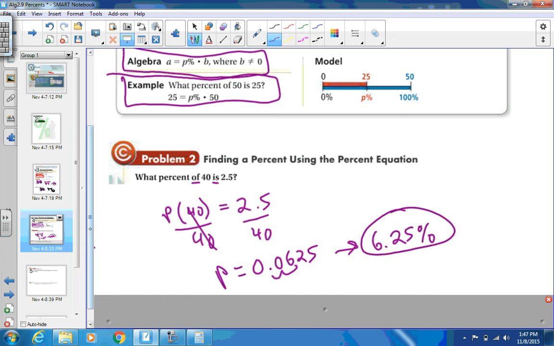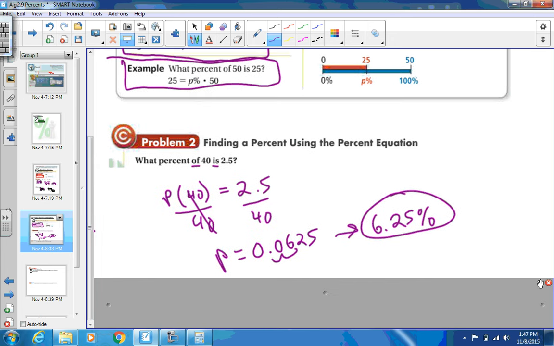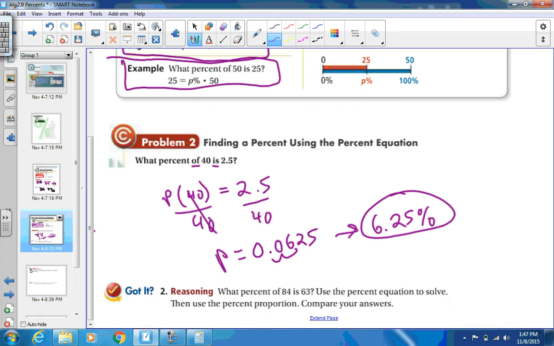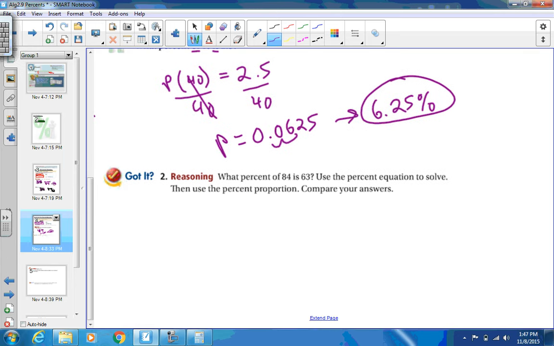Okay, and I'm going to do the next one with you again, just so that we know how to change from decimals to percents. All right, it says what percent of 84 is 63? So it would be P% times 84 equals 63. Divide both sides by 84.